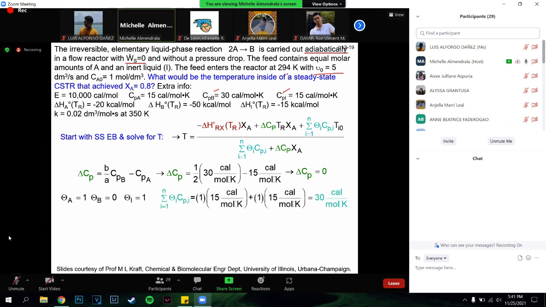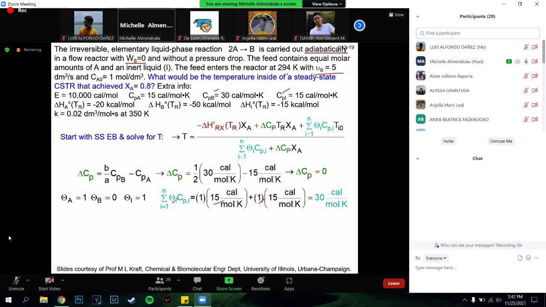So if delta Cp for products minus reactants is equal to 0, which is most of the time, therefore the value of delta Cp will be 0. And for the other one, the summation of theta_i Cp_i will be, for A, theta of A is simply 1, plus that of theta of B, Cp_i.